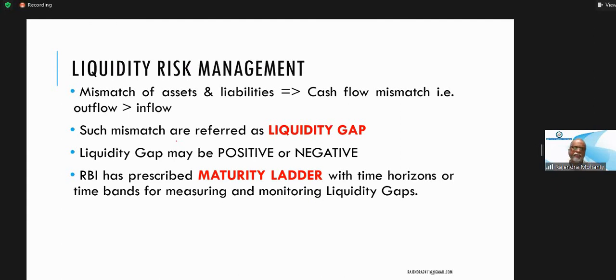So to overcome this liquidity problem, or to manage the risk of liquidity, RBI has prescribed a maturity ladder with time horizons, also called time bands or time buckets, for measuring and monitoring the liquidity gaps.